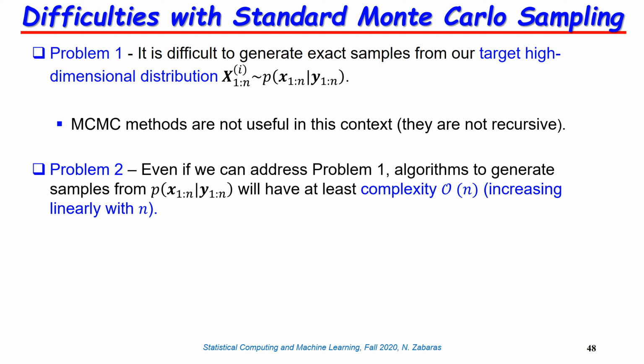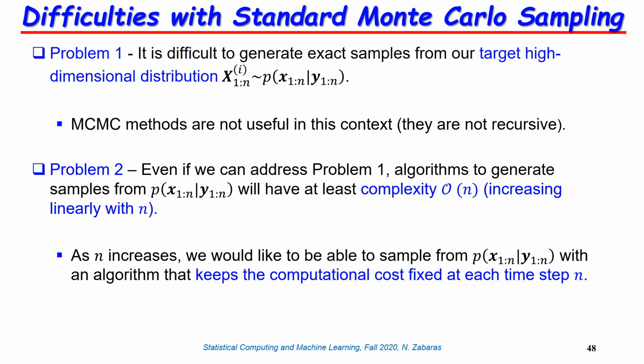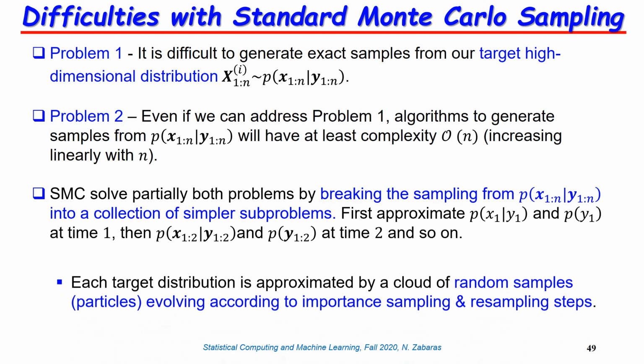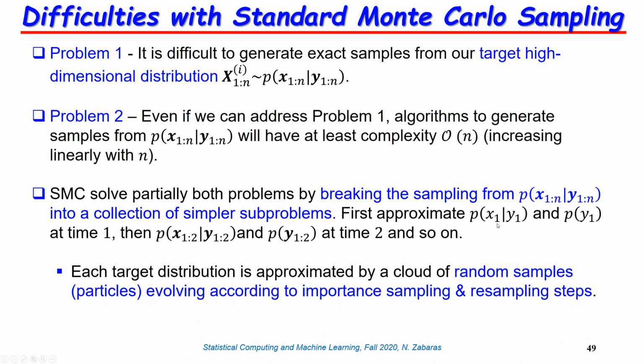I'm not going to cover sequential Monte Carlo until the next lecture, but let me just tell you what the idea is. We're going to start using importance sampling sequentially, and I'm going to discuss this shortly. But the idea is to build an approximation of the joint distribution of x from 1 to n, given all my y's from 1 to n. I'm going to do it sequentially. And what does that sequentially mean? It means I am going to first build at time 1 the distribution p of x1 given y1 and p of y1.